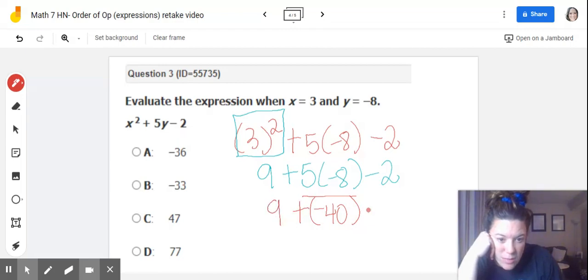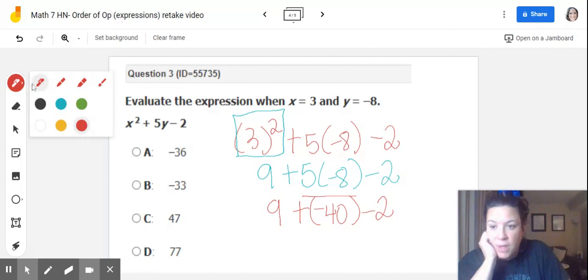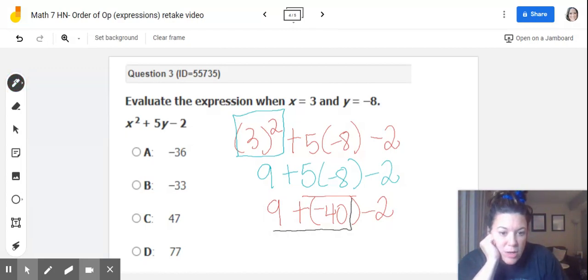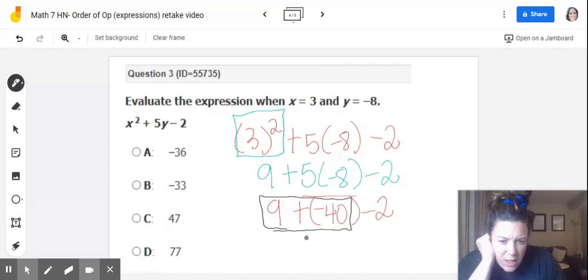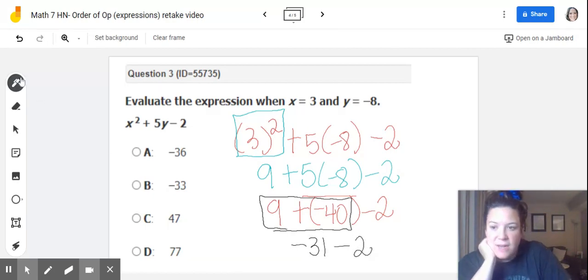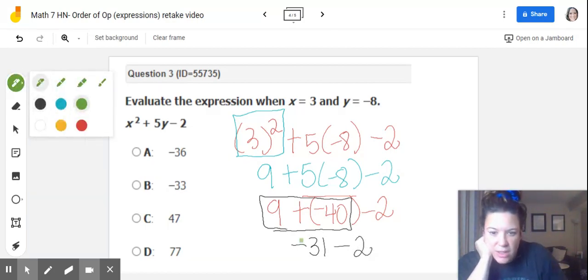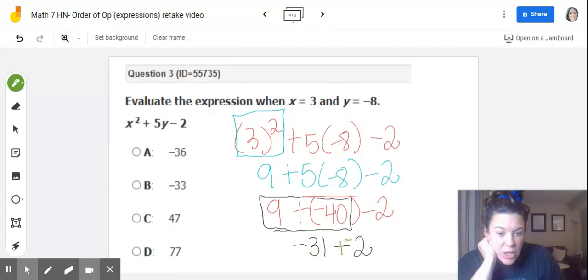And then I'm going to copy down the rest of my problem with all of the signs and operations. Don't miss anything. And then addition comes before subtraction in this problem. So I'm going to add 9 plus -40 is a -31, right? Minus 2. And -31 minus 2 on your calculator is really keep, change. So -31 plus a -2 is a -33.